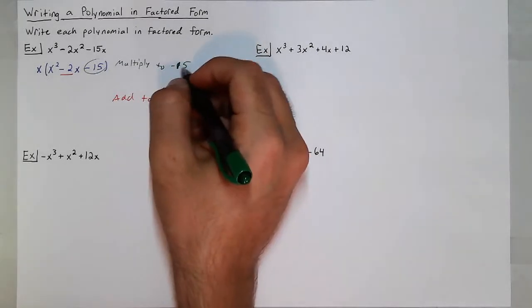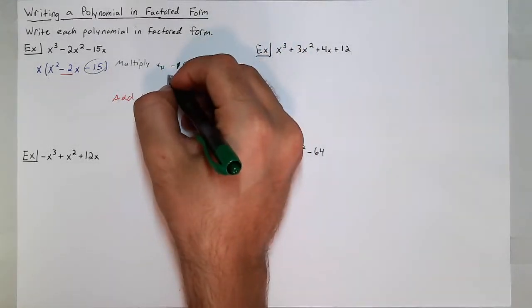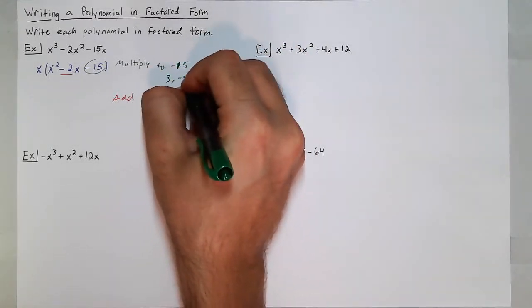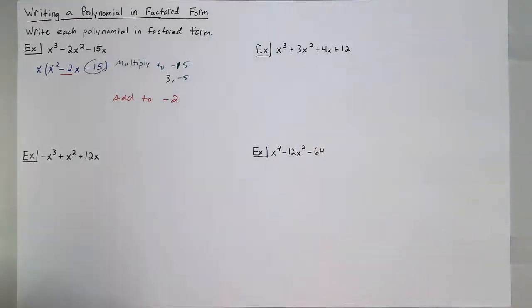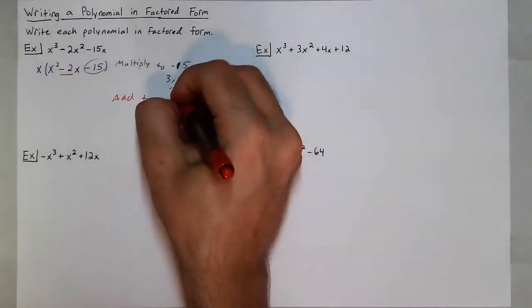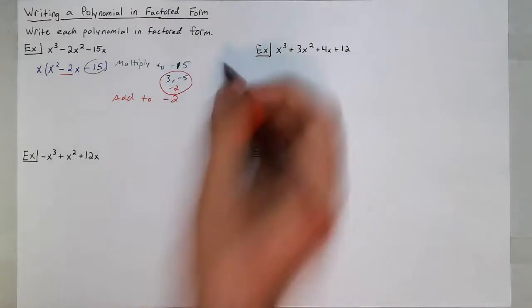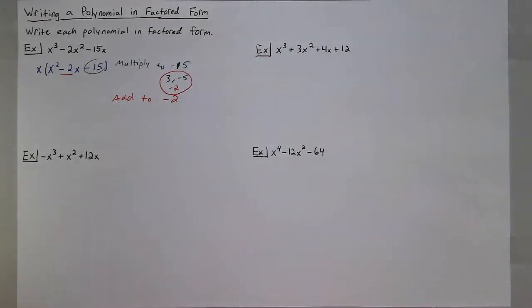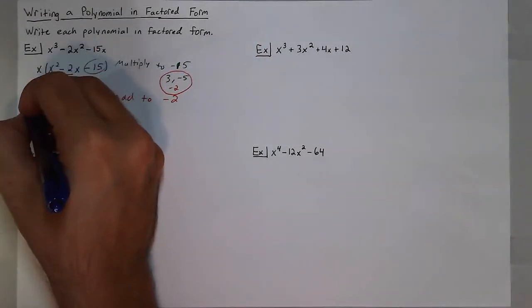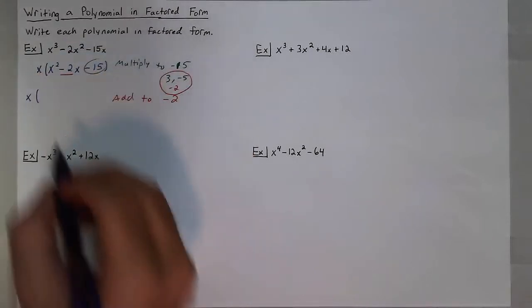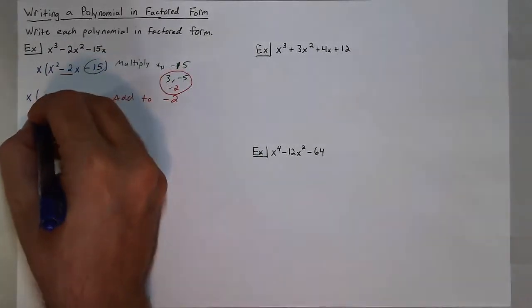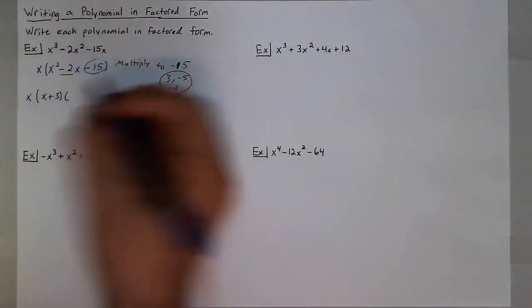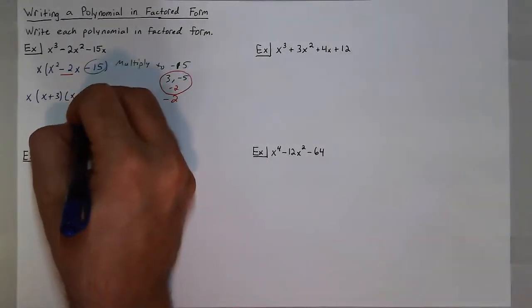You can try a bunch of different combinations, but it's going to end up being 3 and negative 5. 3 plus negative 5 is negative 2, so that combination works. So when I factor, I'll get x, which is already sitting on the outside, times x plus 3 times x minus 5.